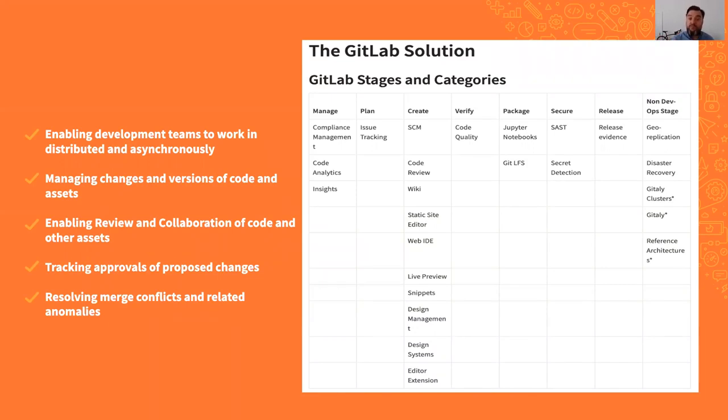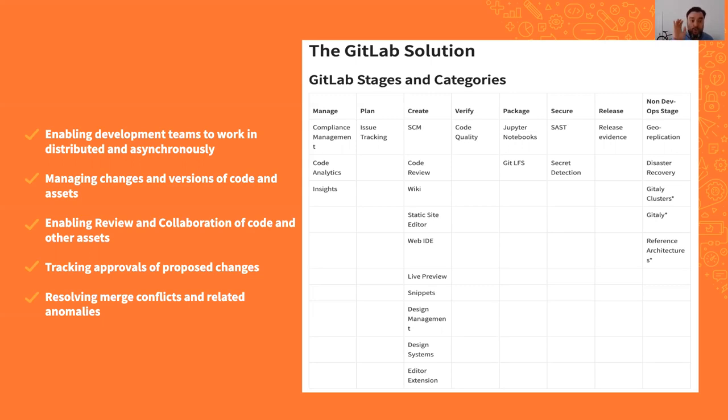So what the market is expecting from a tool that solves this use case is a tool that enables their development teams to work in distributed mode and async, that allows them to manage changes and versions of code and assets, the ability to review and collaborate on code and those assets too, the tracking of approvals of the proposed changes, think of branches as proposed changes in the case of Git, and the ability to resolve the conflicts that may arise from the merge of those proposed changes.